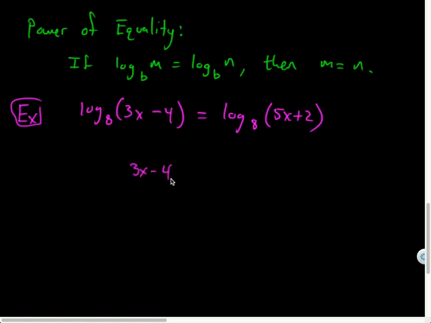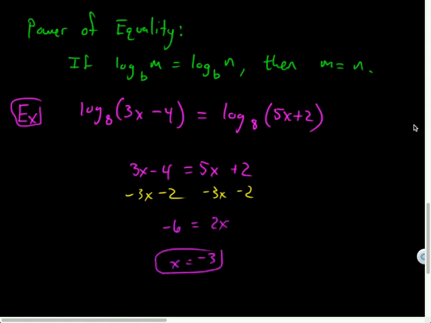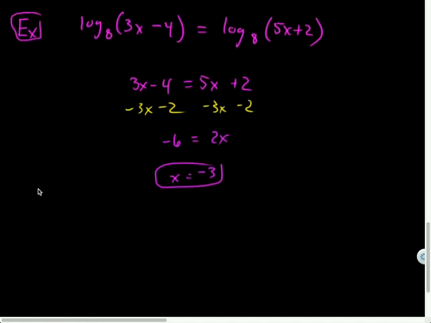Then 3x minus 4 equals 5x plus 2. Now let's solve it. Let's go all the way. I'm getting close to the bottom of my page as well here. So let's see. Negative 6 equals... No, x equals negative 3. Let me do a check here.